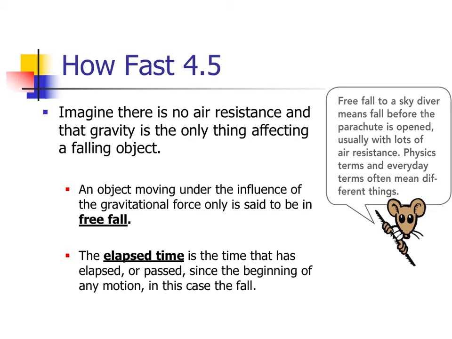without air resistance affecting it. As the little mouse says over here, you can pretty much fall in free fall until the parachute is opened. The air resistance is there, but it's fairly negligible because the size of your body is not very large.